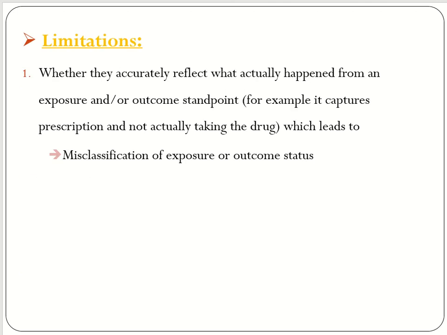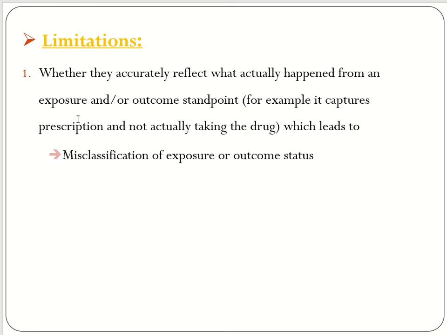A limitation of transactional databases is whether they actually reflect what actually happened from an exposure and/or outcome standpoint. So, for example, it captured the prescription and not actually taking the drug, which leads to misclassification. So, as I said a minute ago, if you're looking at the data from the standpoint of the physician that prescribed, that doesn't tell you if the patient actually took the medication, and therefore that may lead to misclassification.